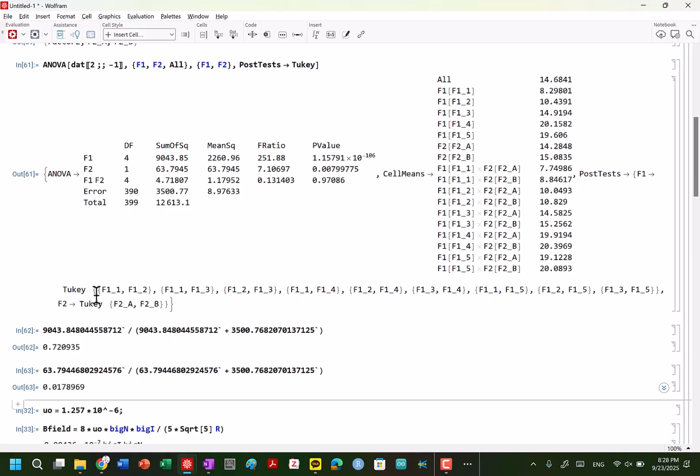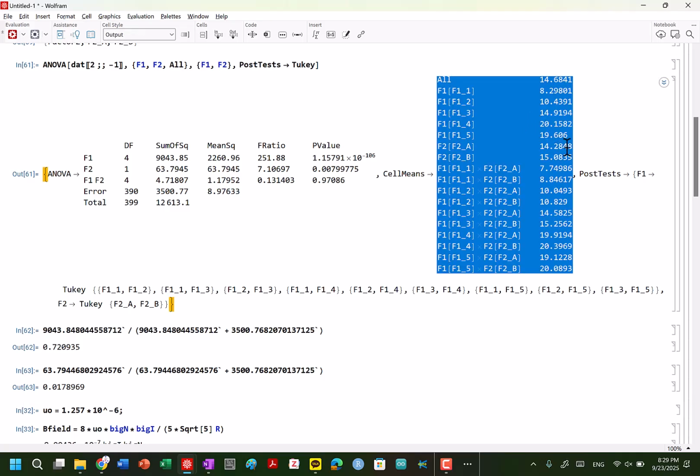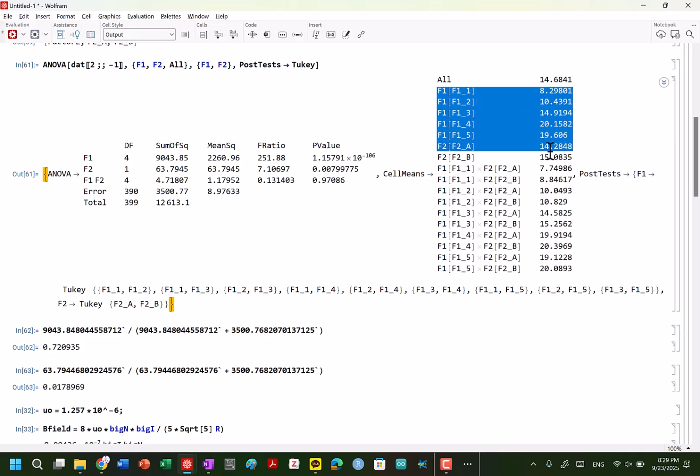Tukey is telling us here that 1 is different from 2, 1 is different from 3, 1 is different from 4, 1 is different from 5. And let's look at all of these values here, because it might help us to focus in. Here we go. All right.